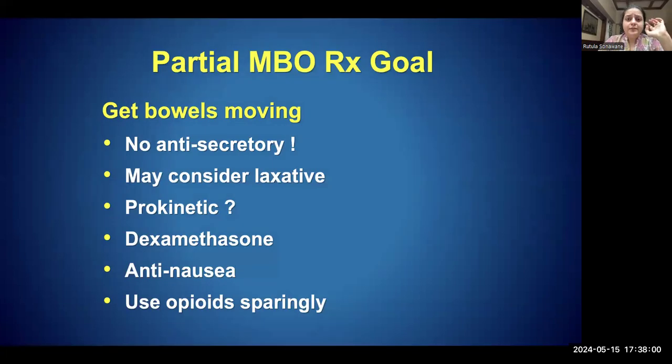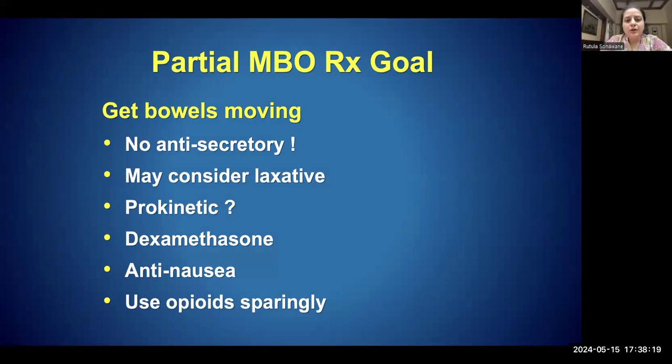So if it is partial, what you want to do is get the gut to start moving on its own, so that it starts working and gets the bowel moving.